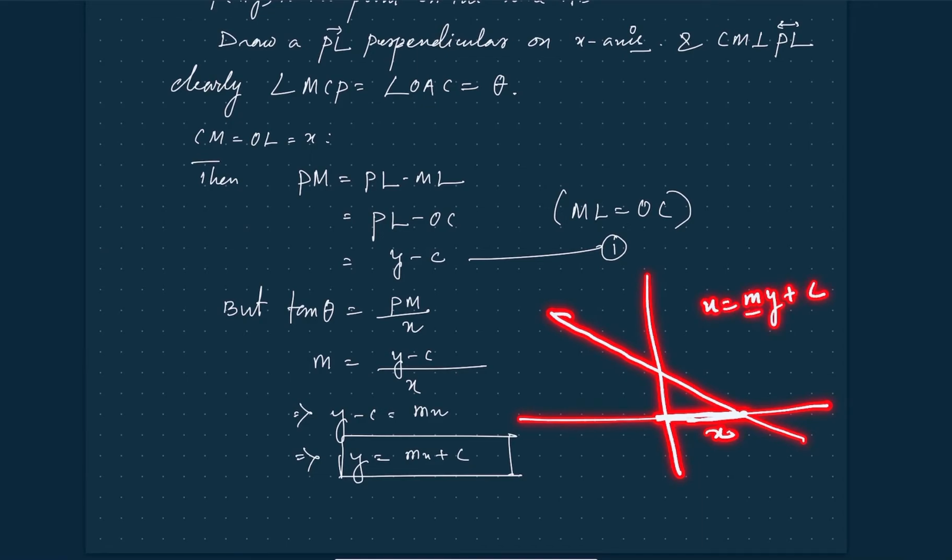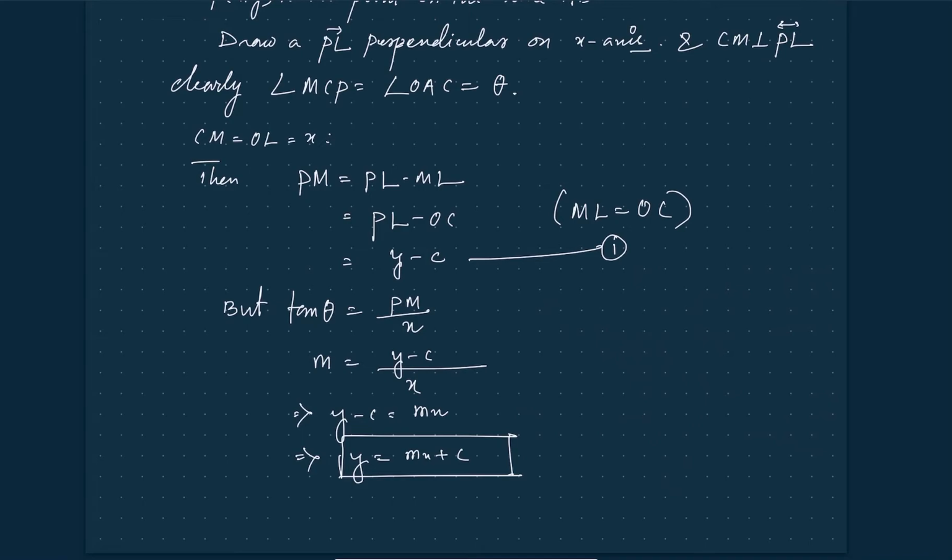Now m is the slope of that line, which is equal to tan theta, where theta is the angle of inclination created by this line with the x-axis, and this c is equal to the intercept. Then this will be the equation.